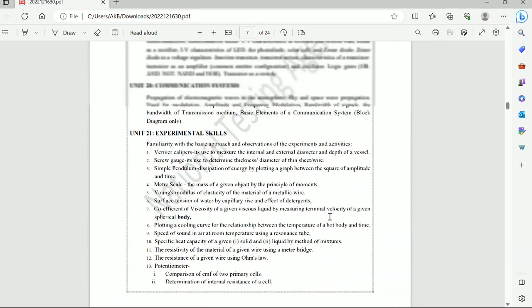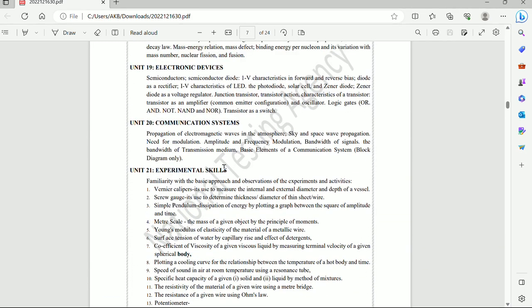Now just go to this, the experimental skill part of this unit, and before that there is communication systems. Here, like propagation of electromagnetic waves in the atmosphere, sky and space wave propagation, need for modulation, amplitude and frequency modulation, bandwidth of signals, the bandwidth of transmission medium, basic elements of a communication system, block diagram only.